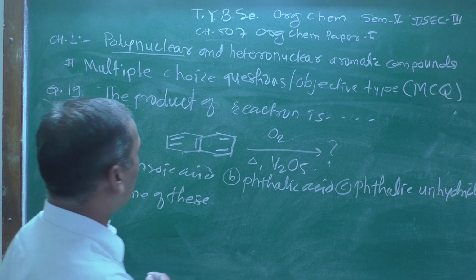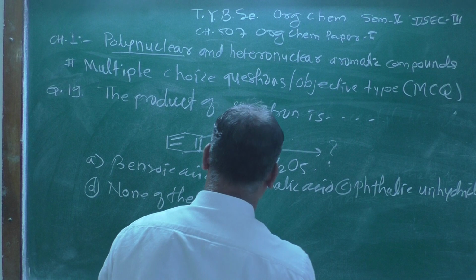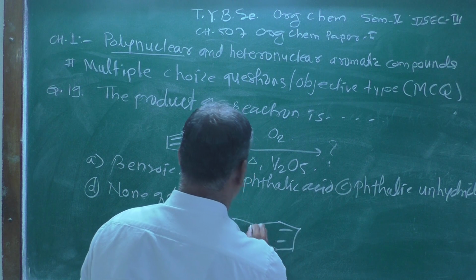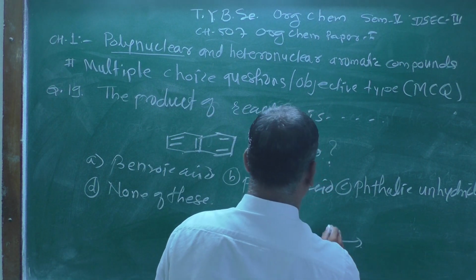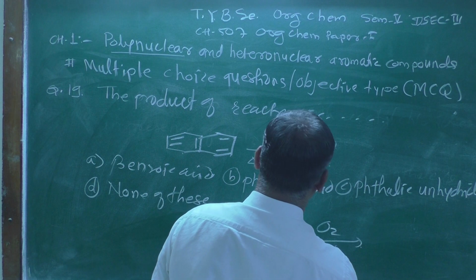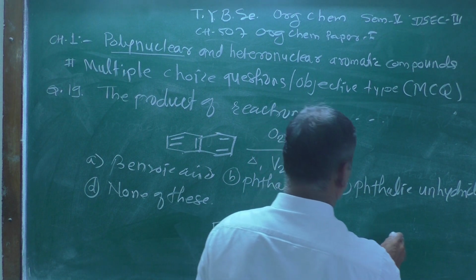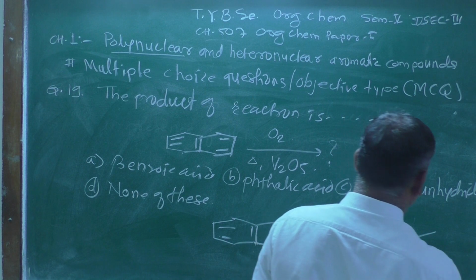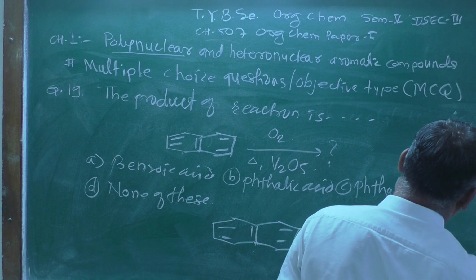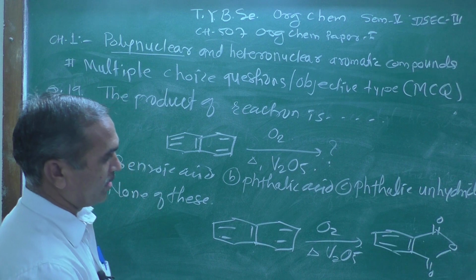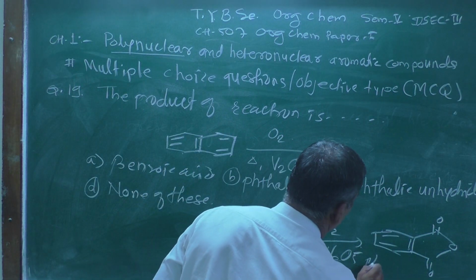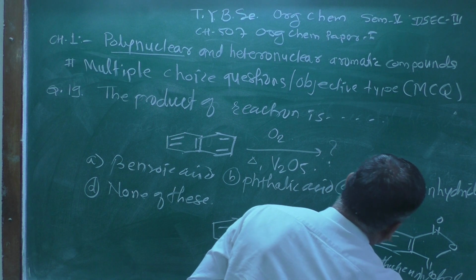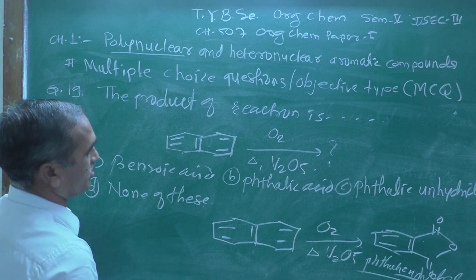So here the answer would be, as we know, when naphthalene is treated with O2, heat, V2O5, it gives the product like this. The product would be this one, phthalic anhydride. And look at the options.